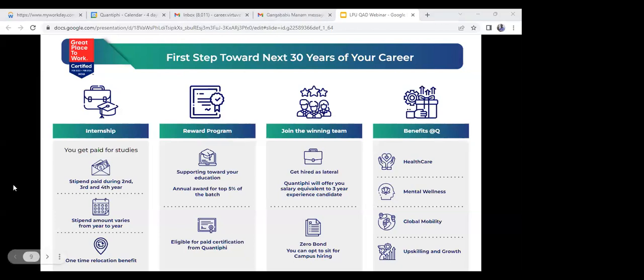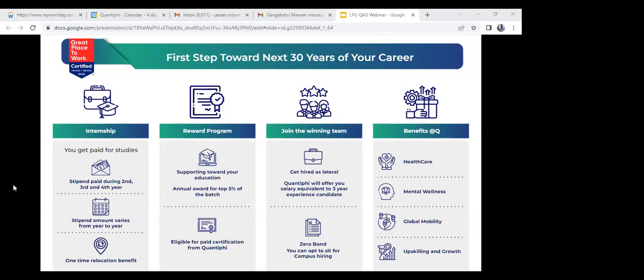Starting from the second year, third year, and fourth year, we're going to pay for the internship you do with us, because we are allowing you to contribute towards the company's growth, and we want to recognize your contributions. And once you move to the base location of Quantifi, we will support you with a relocation benefit. A certain amount will be given to accommodate your relocation, right?